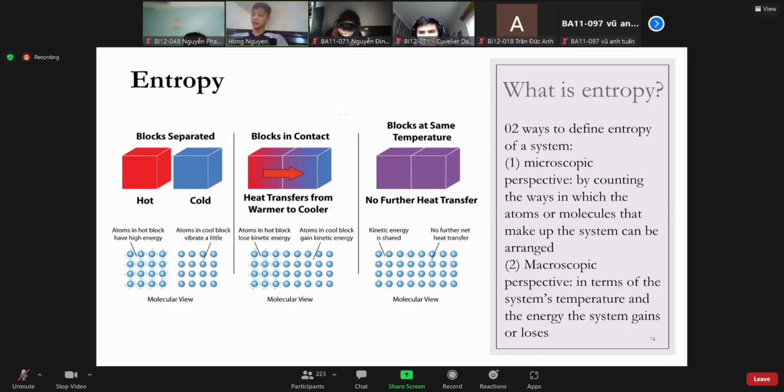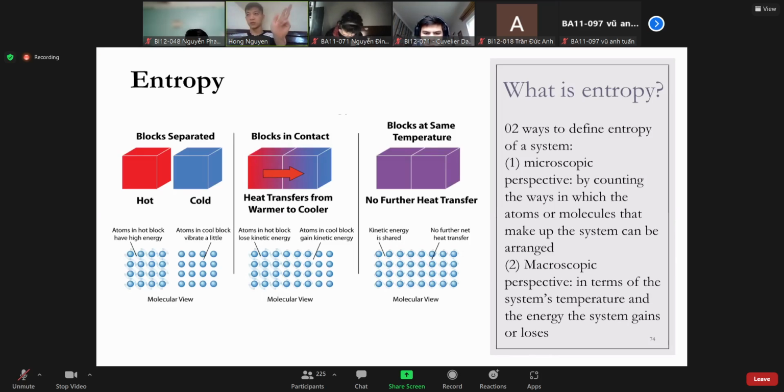Okay, and in the second way, we will study more closely in the framework of this year. But we still have to know the first approach, the microscopic approach, to define our entropy.